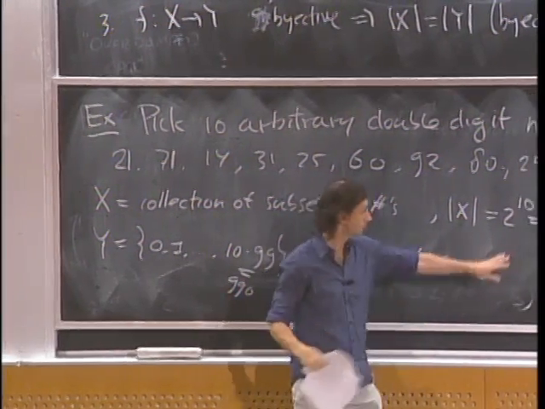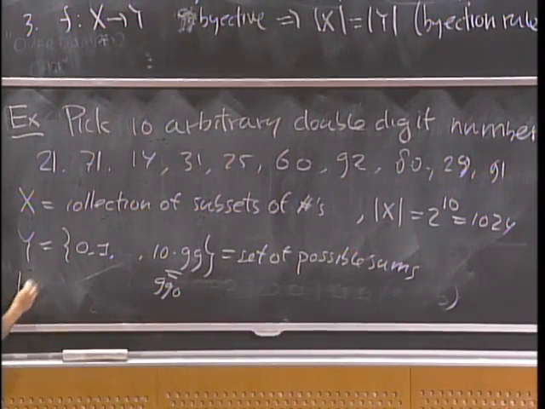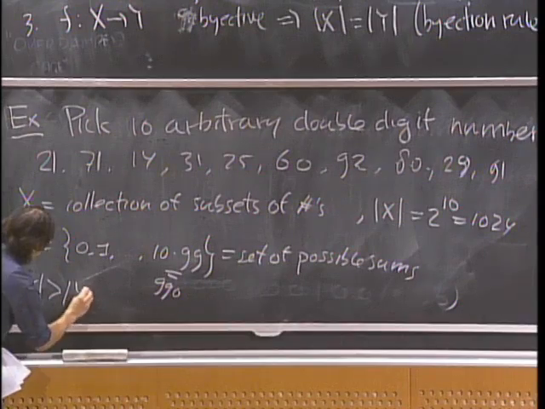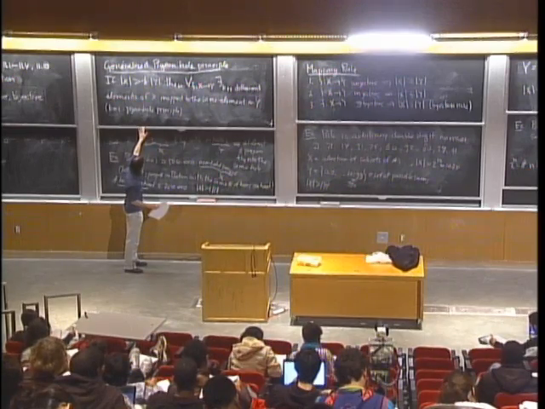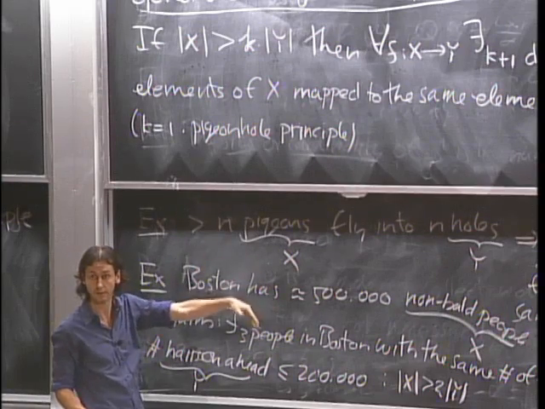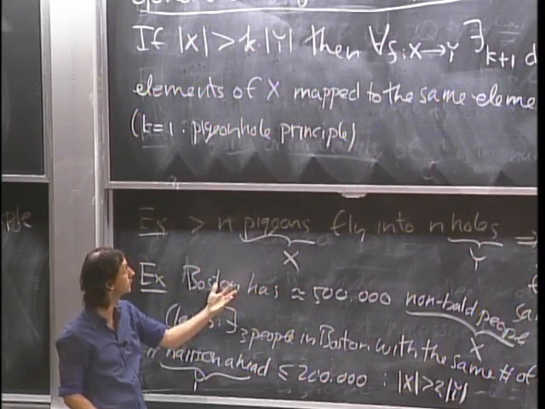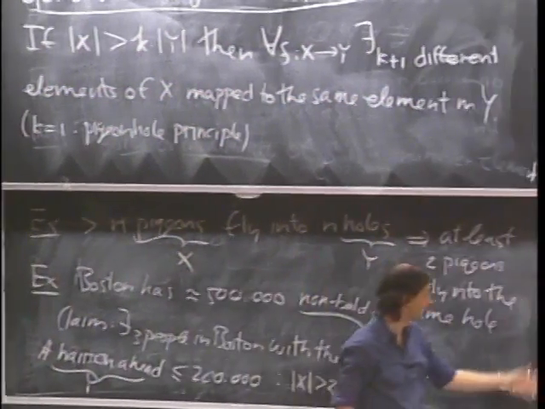Now we know that 1024 is more than 990, so the cardinality of x is more than the cardinality of y. So by the pigeonhole principle, we know that there exist at least two different elements of x. In our case, there exist two different subsets that map to the same sum, the same element in y.